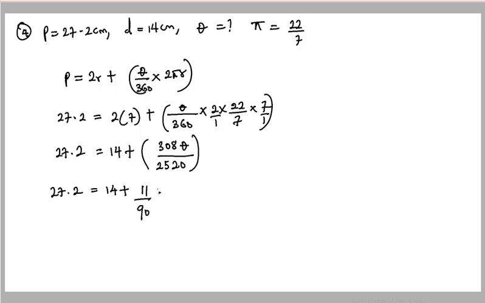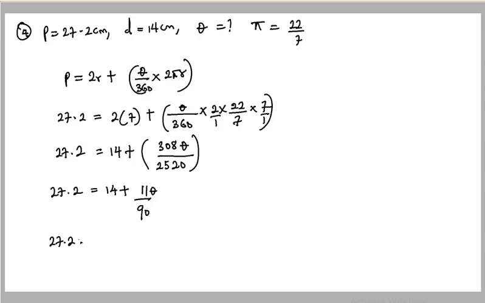But don't forget that we have theta up in the numerator. So let's take like terms here. 14 should come to the left. 14 is positive on the right.